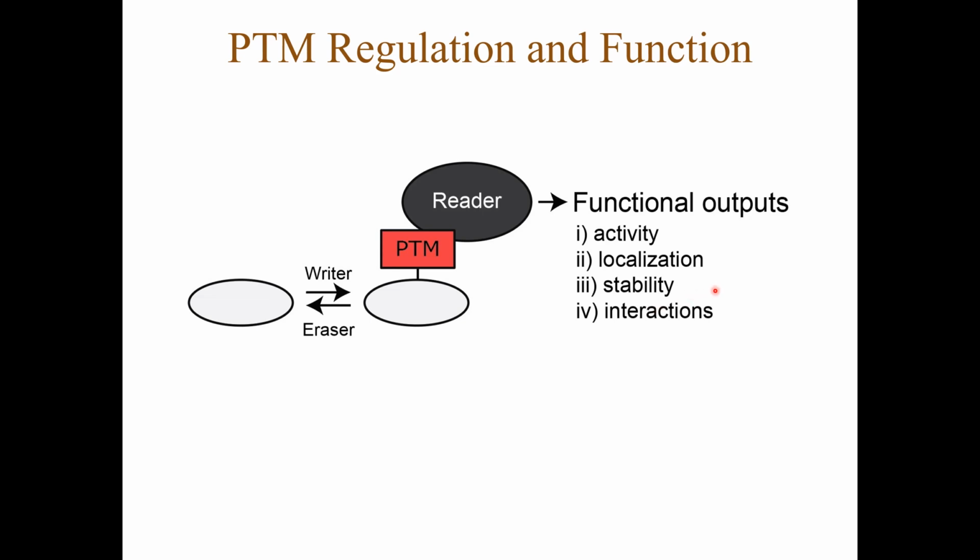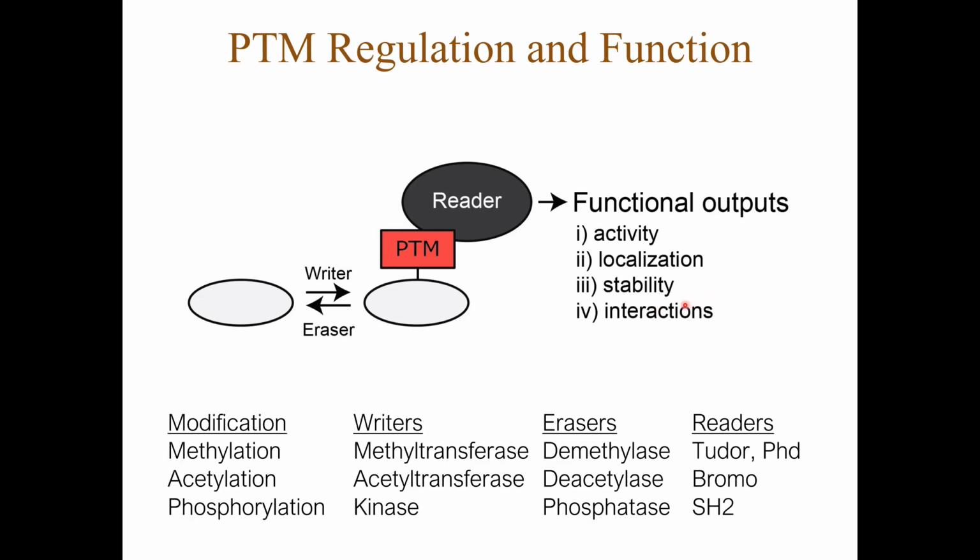And most PTMs that have some kind of regulatory potential have this complete set of writer, reader, and eraser proteins. So in the case of methylation as a modification, the writers are methyltransferases, the erasers are demethylases, and reader domains can, for instance, be Tudor and PHD domains.